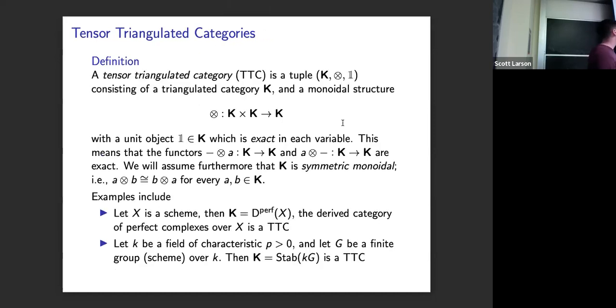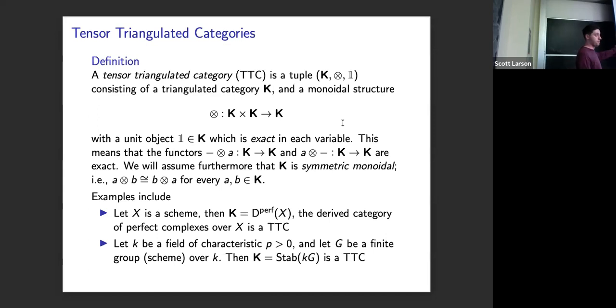Okay, so for this talk, we're going to be interested in triangulated categories that have a little bit of extra structure. We're going to be interested in what are called tensor triangulated categories. Essentially, these are triangulated categories with a monoidal product. We're going to assume that all of our tensor triangulated categories have a unit, and that objects are exact in each variable.